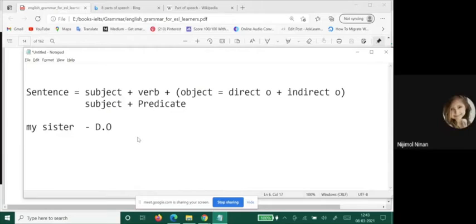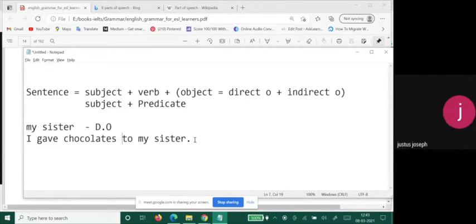I gave chocolates to my sister. But what did you give? Chocolates. I gave chocolates to my sister. But what did we give? So isn't that the direct object? Right, so my sister becomes the indirect object.